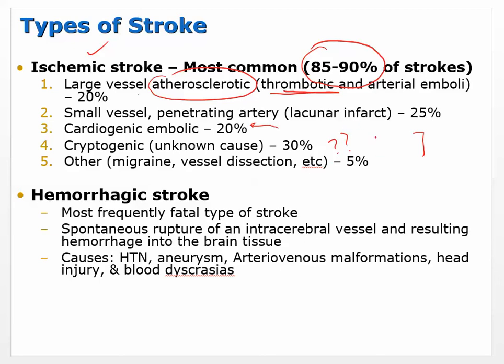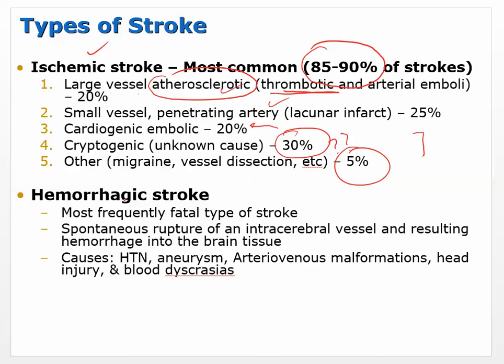There's a group of things where we can point to the cause and say, well, that's not very common, and that's only 5%. So really, mainly we're looking at we don't know what caused it, or it's something related to, well, it's kind of divided between these others. And I'm not really concerned about tripping you up on which one is the most common.